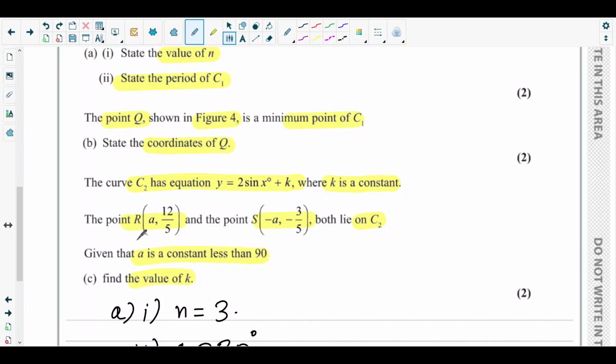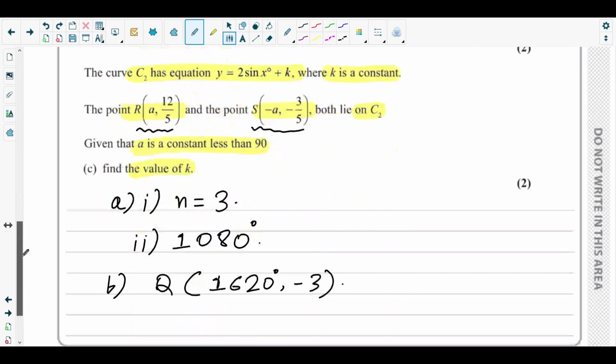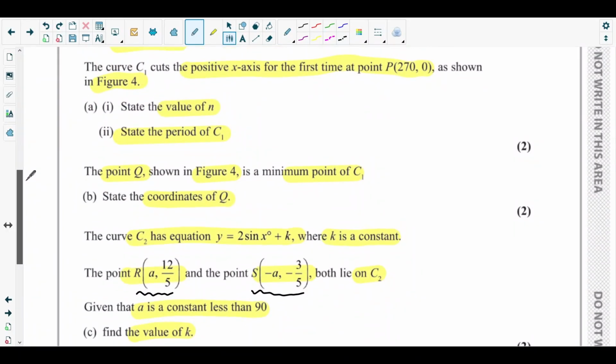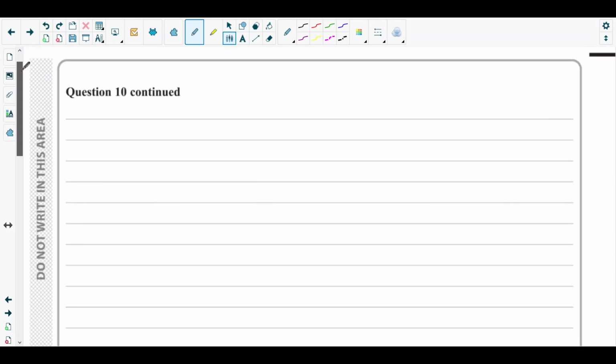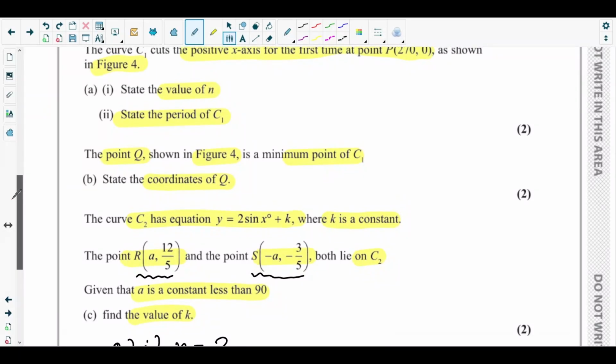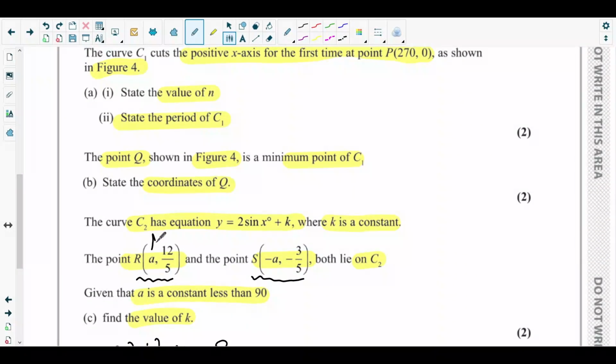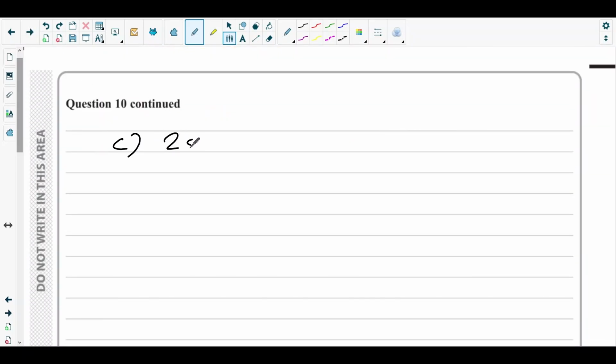So the coordinates of 2 points that lie on the curve C2 are given. For part C, we will use these 2 coordinates to figure out the value of k. The equation of curve C2 is 2 sin x. So the x coordinate is a, so 2 sin a plus k equals 12/5.